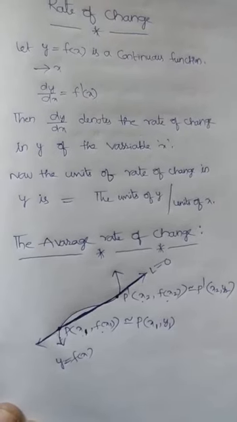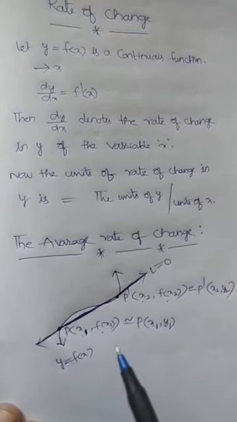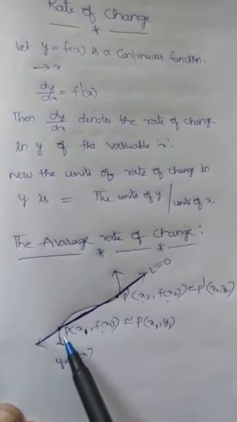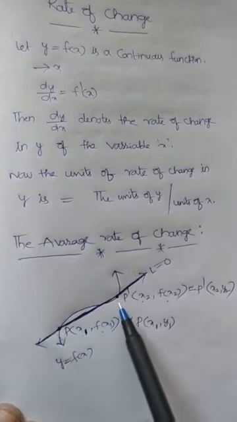Here we need to find the average rate of change from point P to point P dash.